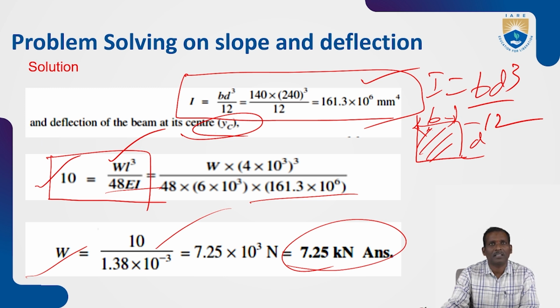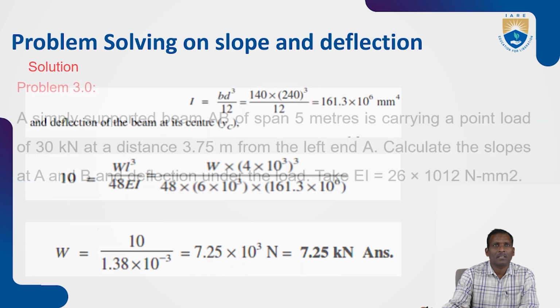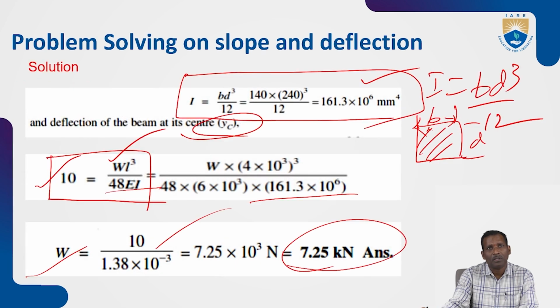So like this, you need to calculate the load whenever you know the deflection. It does not ask for any slope value. If it asks for slope also, you can calculate the slope using these values. Already you know W. Clear?